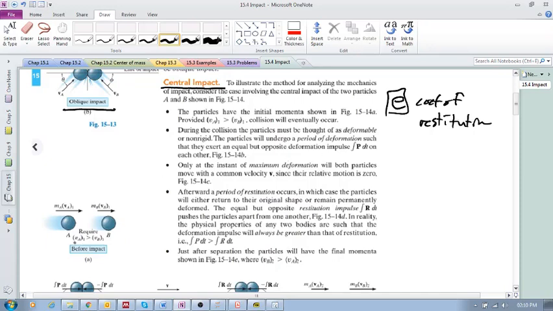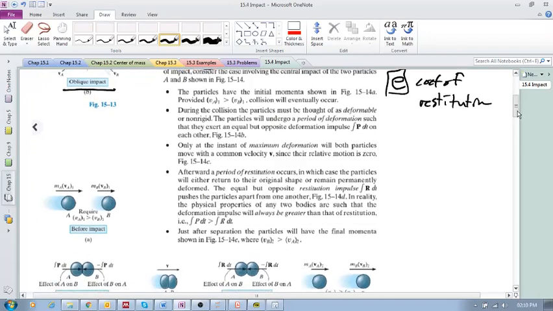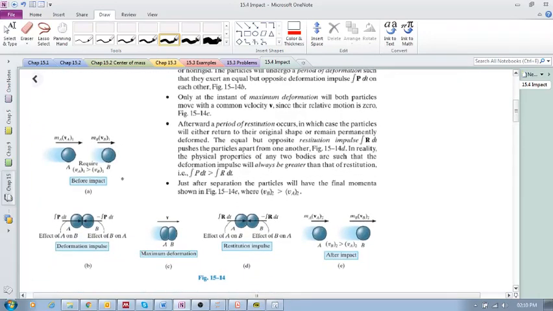Particle A is moving at a higher velocity than particle B. It's moving towards particle B, which means they will eventually collide. So that's step one: velocity of A higher than velocity of B, moving towards B, they will collide.